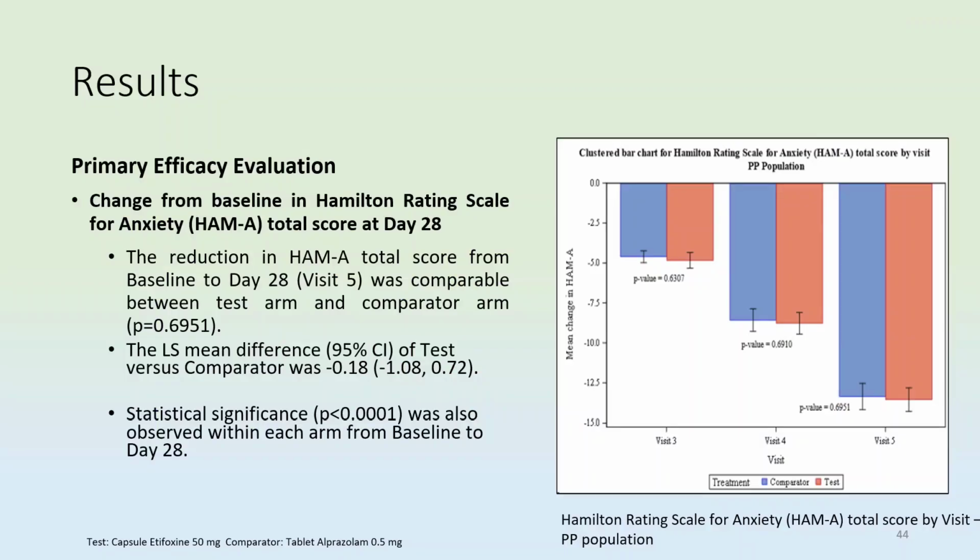Results: primary efficacy evaluation, change from baseline in Hamilton rating HAM-A total score at day 28. The reduction in HAM-A total score from baseline to day 28 was comparable between test arm and comparator arm. The mean difference of test versus comparator was minus 0.18, and statistical significance was also observed within each arm from baseline to day 28.